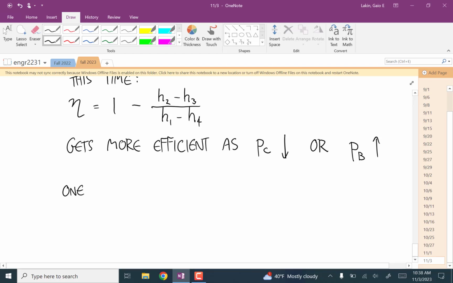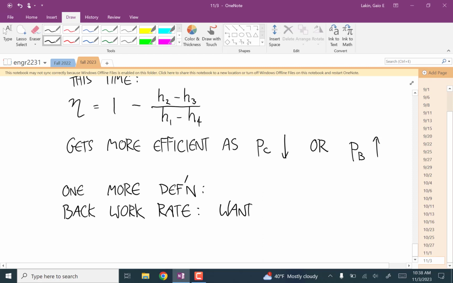But there's one more term, one more definition. That is the back work rate, it's called. And you want this to be low.